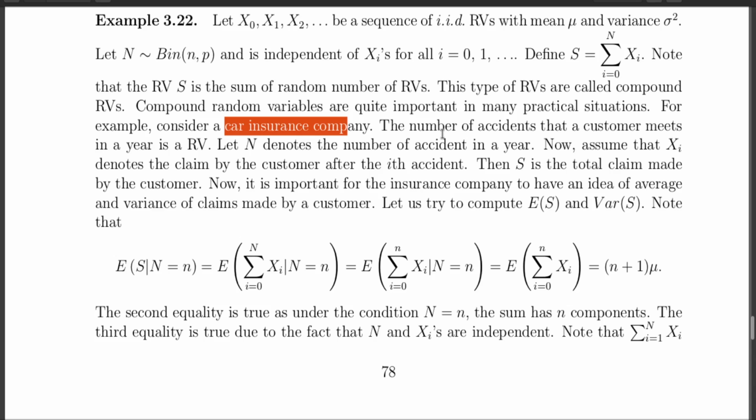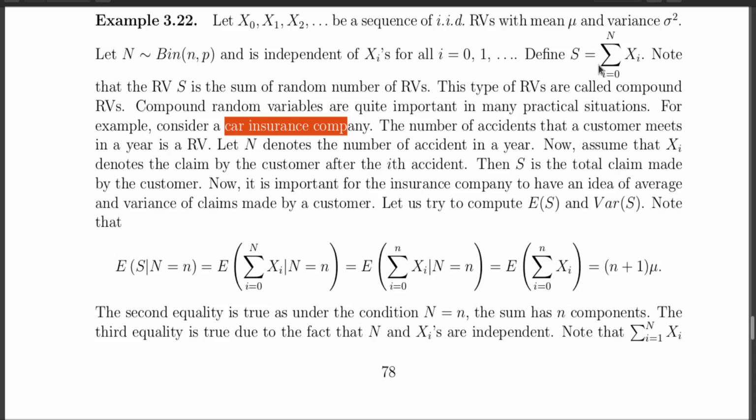That is an important quantity, and you see that this quantity is exactly that. Suppose capital N is the number of accidents by a particular customer, and Xi are the claims that he has made after the i-th accident.